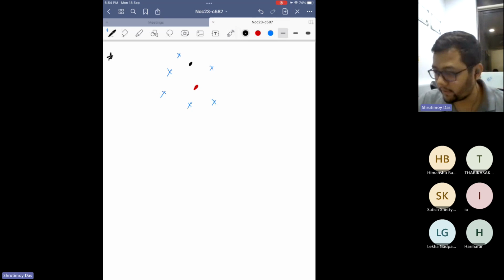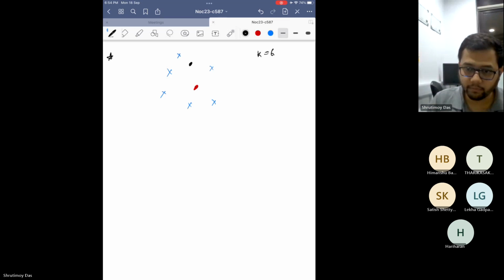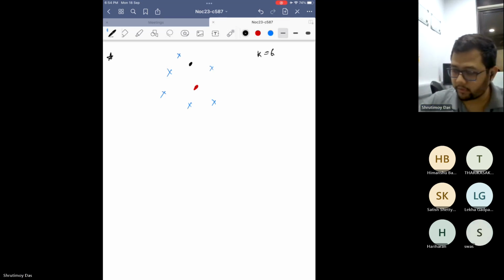Suppose you are talking about k equal to 1, 2, 3, 4, 5, 6. Suppose these blue points are the actual 6 nearest neighbors of the red point, and once you run some algorithm, maybe because of some error in the algorithm, it outputs these black points.